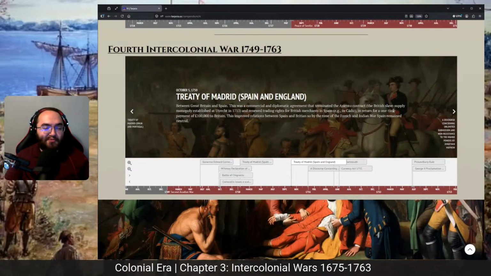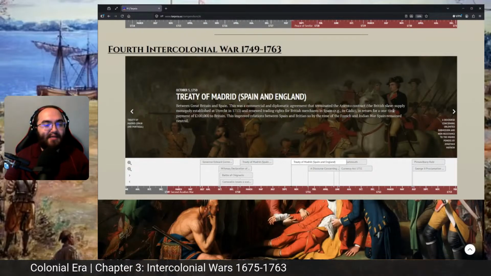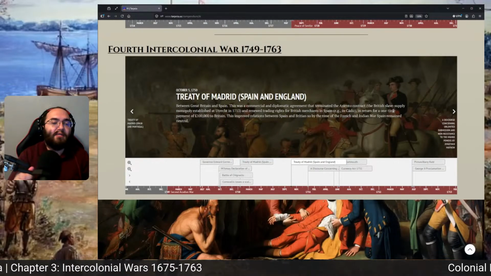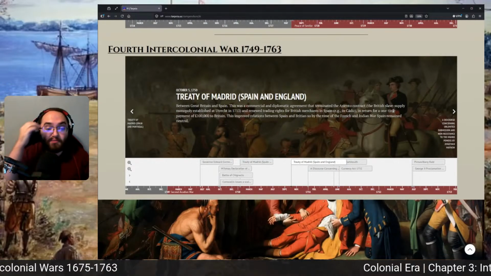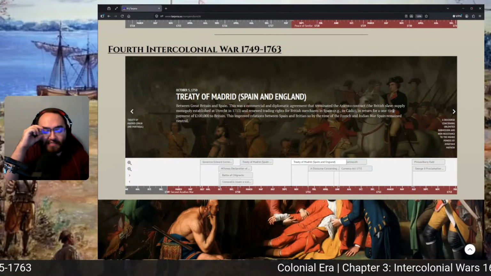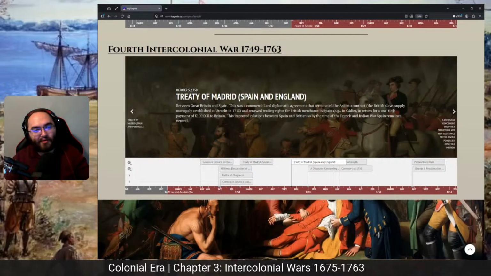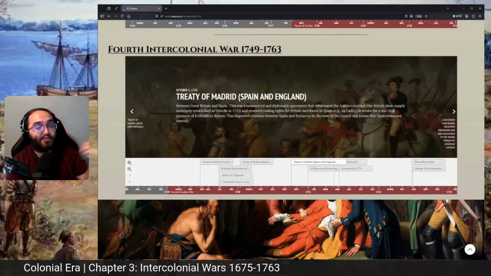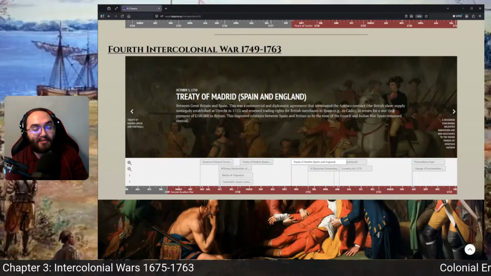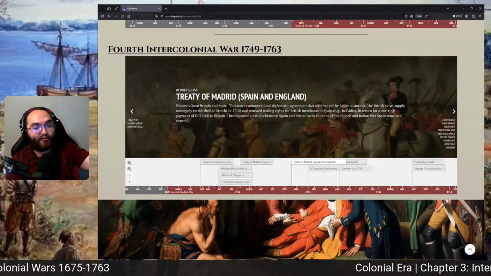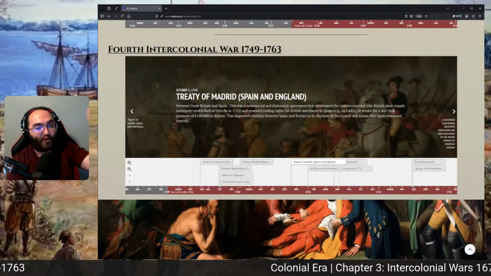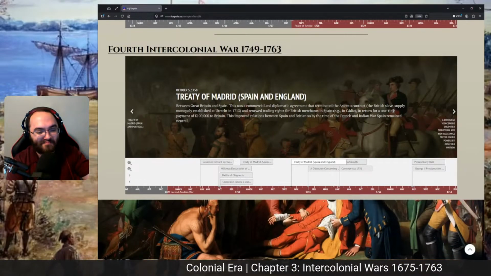Then you have a second Treaty of Madrid between Spain and England. This is between Great Britain and Spain over the issue of the Asiento. What? I thought it was solved. No, ironically, during the negotiations for the Treaty of Aix-la-Chapelle, the Spanish and the English totally forgot to solve the issue of the Asiento.